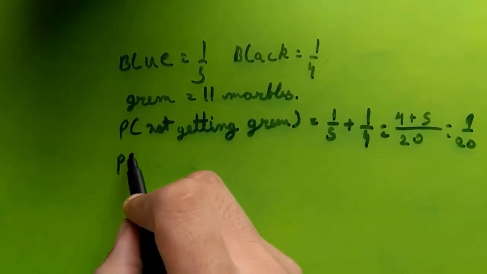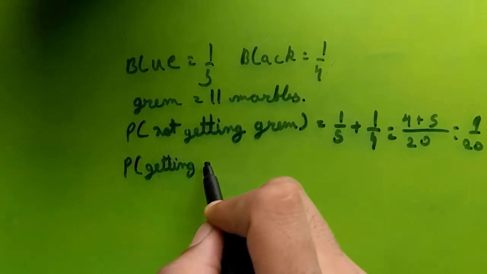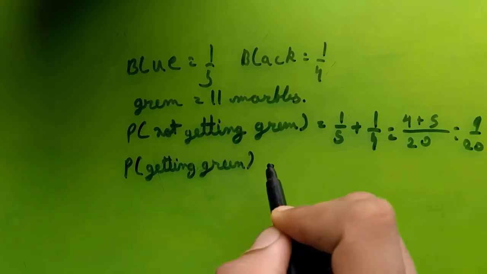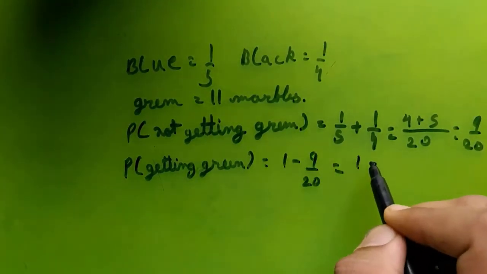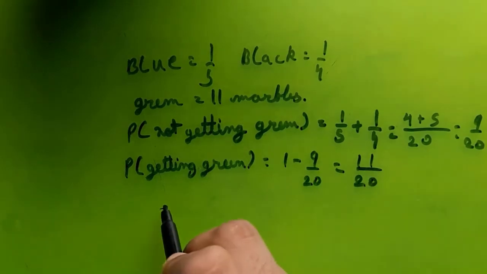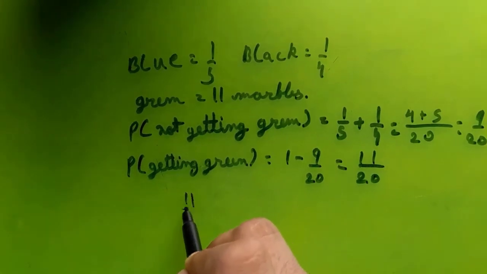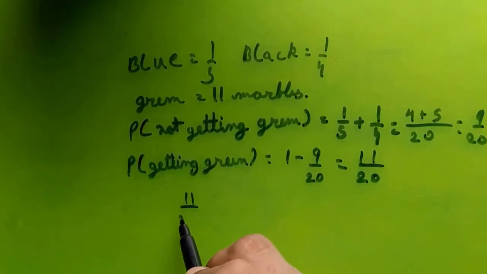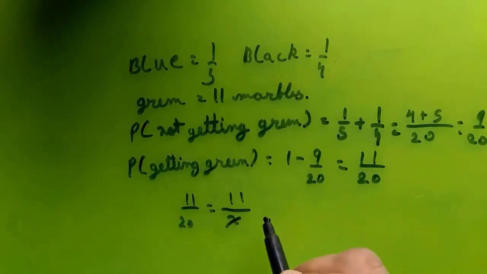Therefore, probability of getting green will be equal to 1 minus 9 by 20, which is equal to 11 by 20. And we know that probability of getting green will be equal to favorable outcomes, which are 11, upon total outcomes.